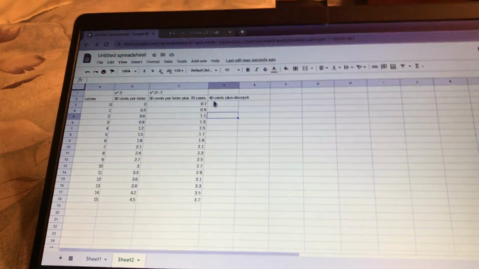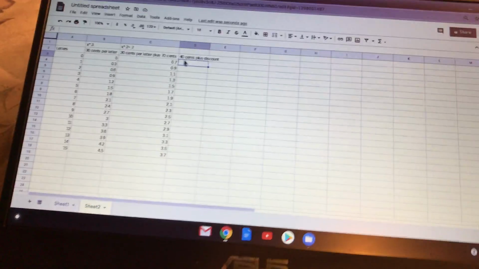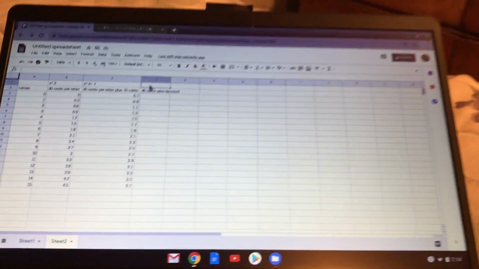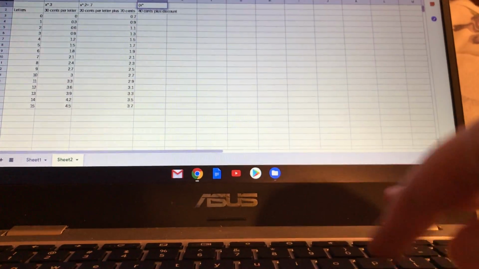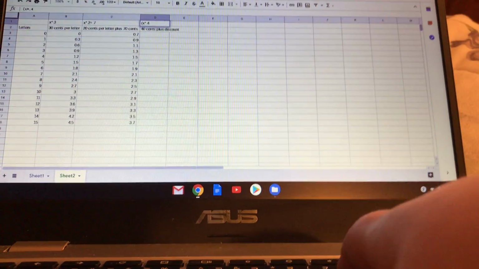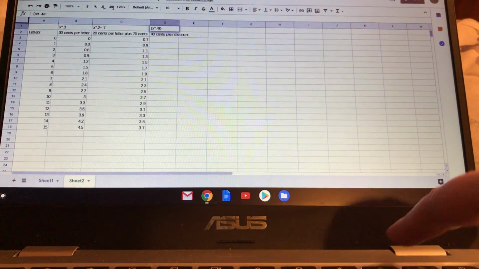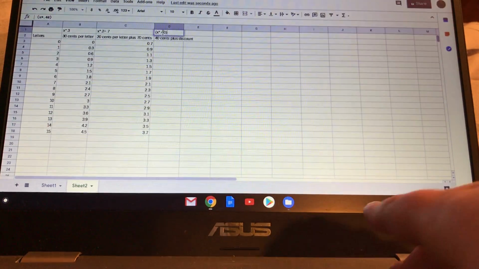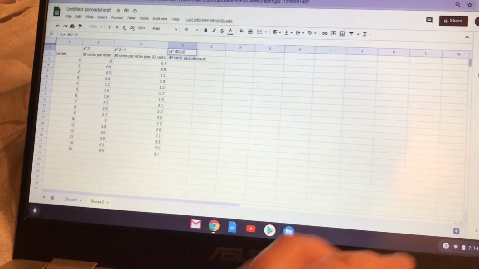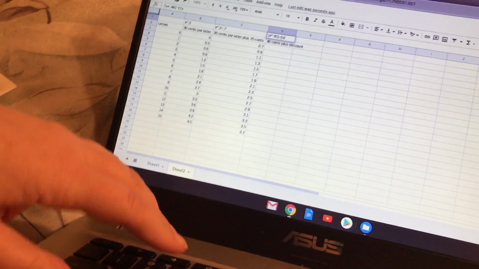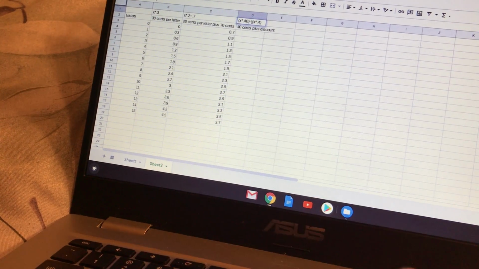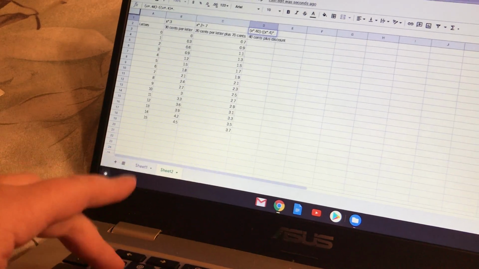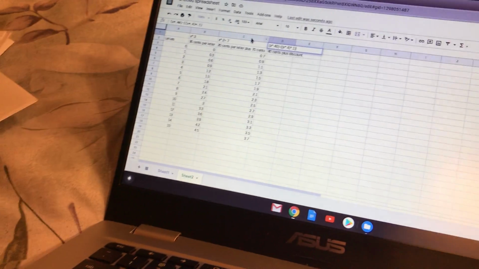And then I found a place that is 40 cents a letter, but they offer a 10% student discount. So our equation for that one would be x times 0.4, but to find our discount we would want minus, double parentheses, x times 0.4, close the parentheses, times 0.1, close the other parentheses.